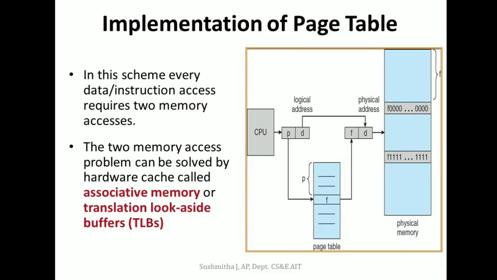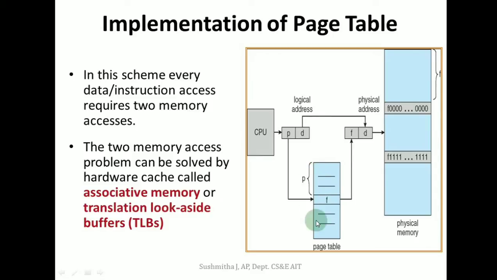Now let us look into the implementation of this page table. Last class we had seen that the logical address is converted into the physical address with the help of this page table. Now, where am I storing this page table? Definitely, the page table would also be stored in the main memory.